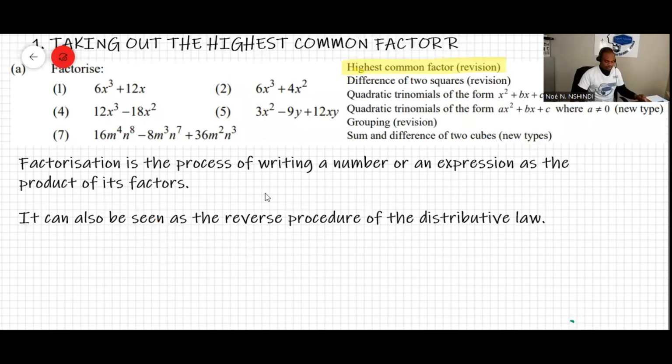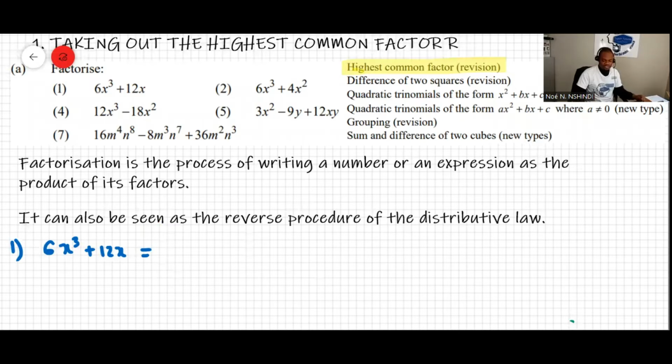Now let's do the examples that we have here. Question 1, we have 6x to the power 3 plus 12x. So we're first going to find the highest common factor. If you are unsure how to do that, I remember in the previous grades 7 and 8, we were doing factor trees.